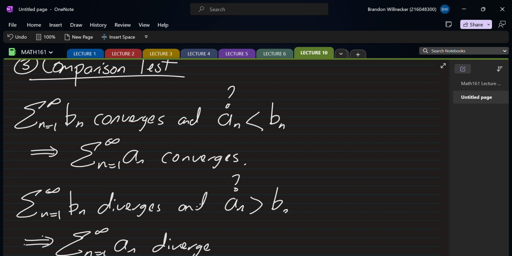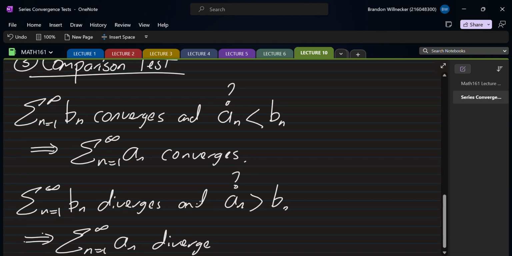So you want it less than? No, if it's less or equal. Yeah, so if this bigger one converges, so this is the one that we know, the smaller one is the one that we don't know. If it's smaller than, then it converges as well.